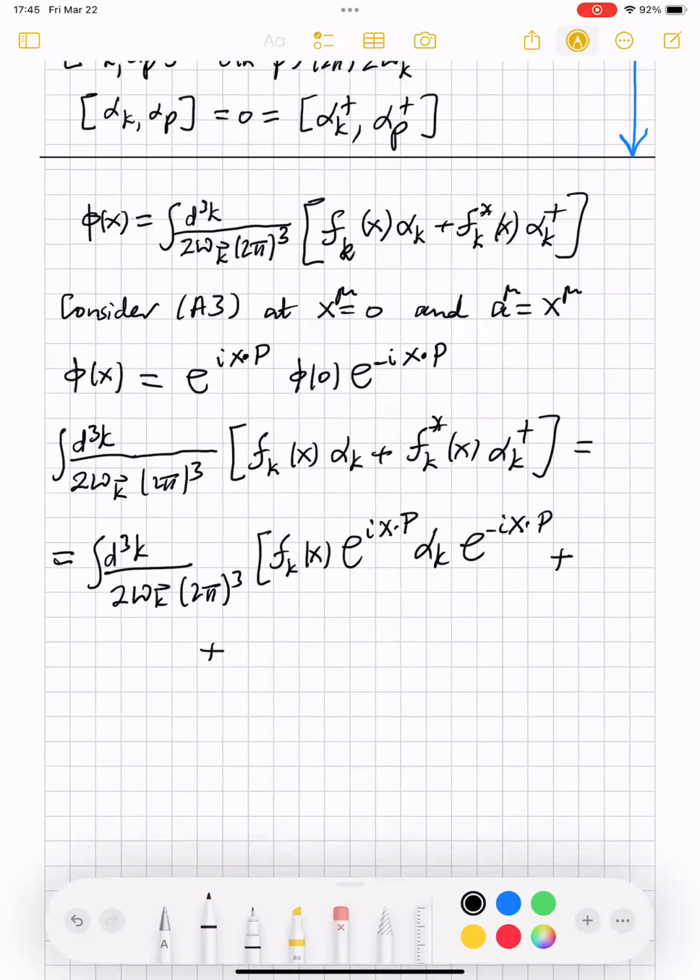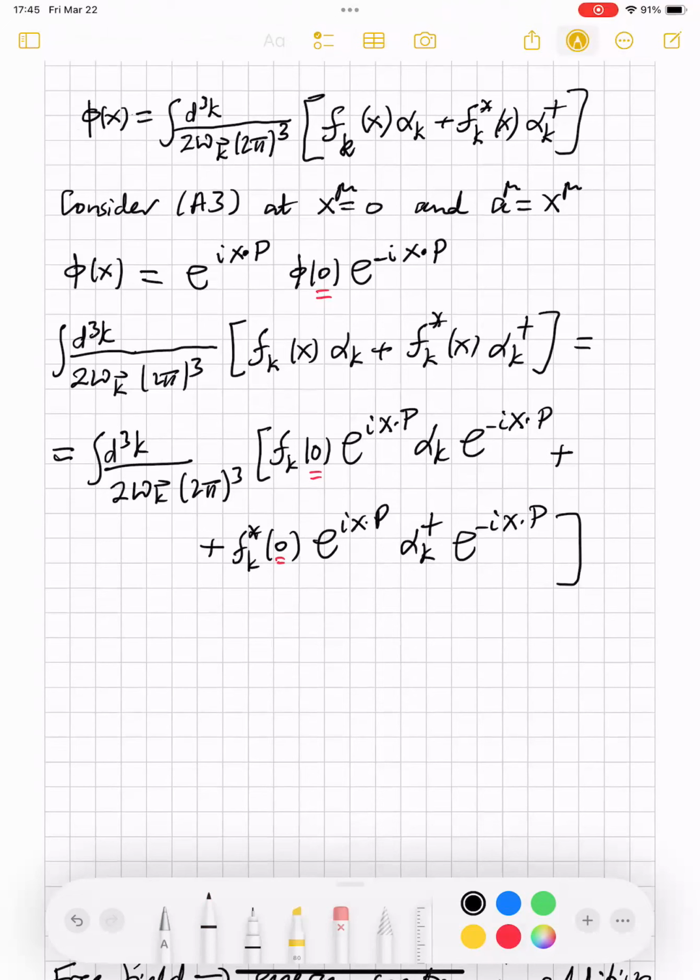Sorry, I made a mistake. There should be e to the I x dot p phi of 0. Because it's phi of 0, I should evaluate fk at 0. So this 0 sitting there is this 0 sitting here. And then for the second term, I've got fk star. This will again be 0. Same 0. And then I've got e to the I x dot p alpha k dagger e to the minus I x dot p. Okay, great.